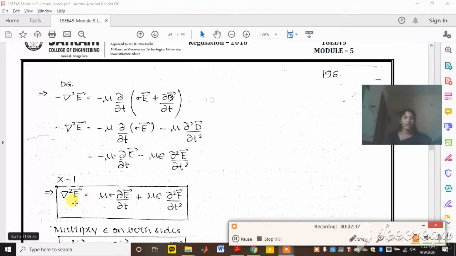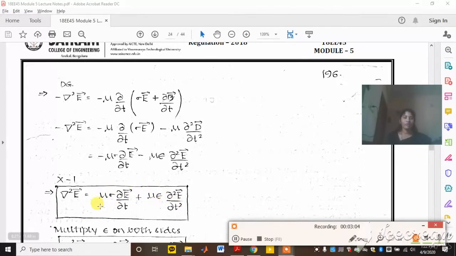If you see the right hand side as well as the left hand side, all the terms contain E only. The first term is a first order differential of the electric field intensity, the second term a second order differential. The constant in the first term is mu into sigma and the constant in the second term is mu into epsilon.